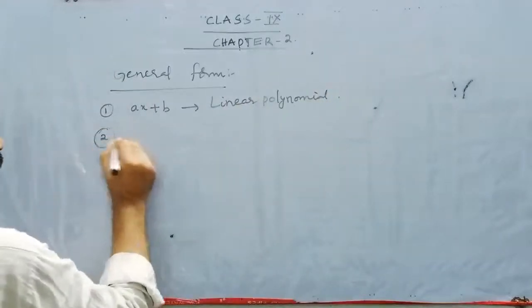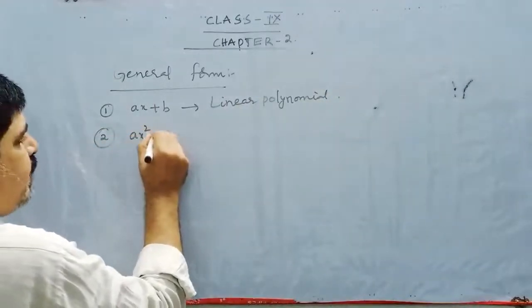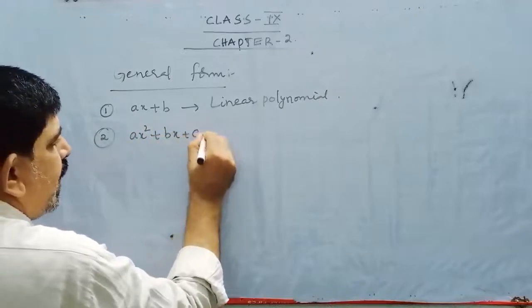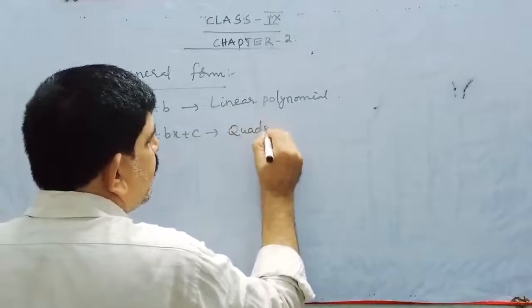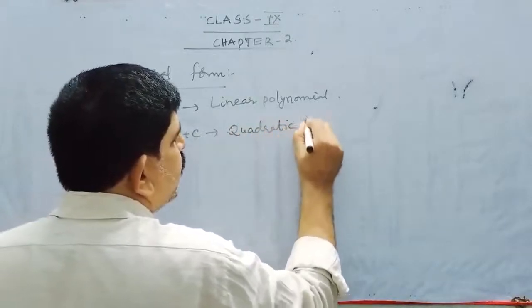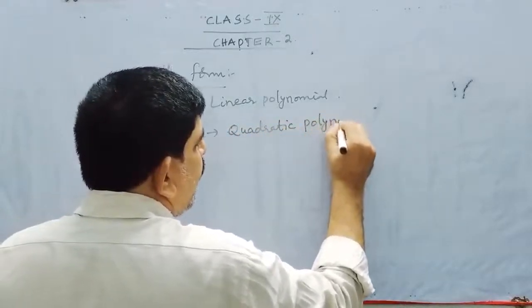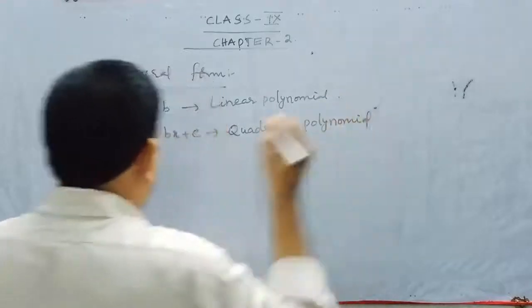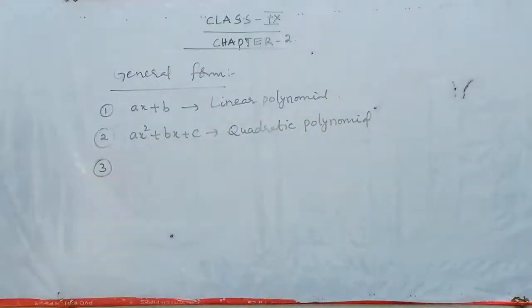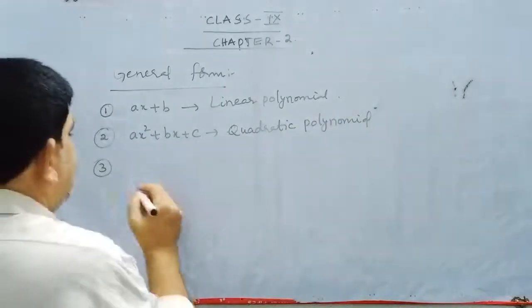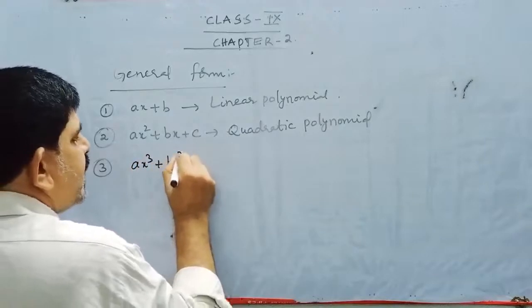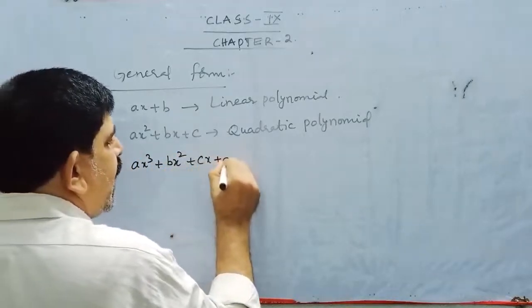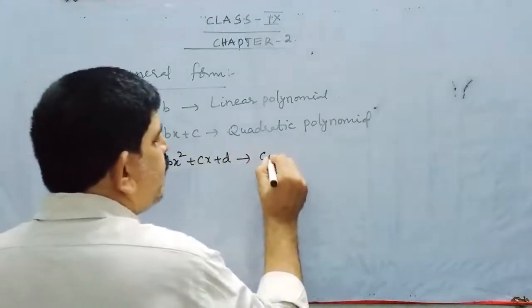Second one, ax square plus bx plus c, quadratic polynomial. Next, third one, ax cube plus bx square plus cx plus d is a cubic polynomial.